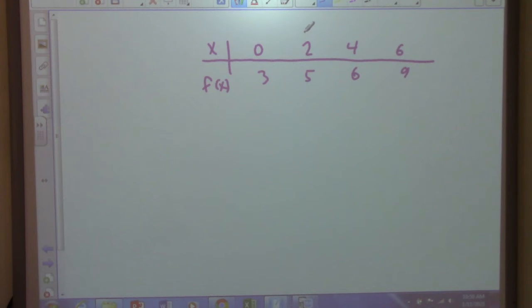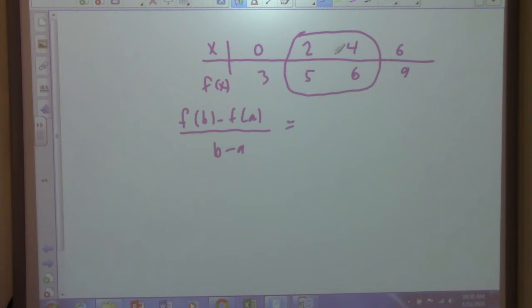Well, we don't have f prime of 3, but what we have is your average rate of change is going to be your estimate. So it's f of b minus f of a over b minus a.